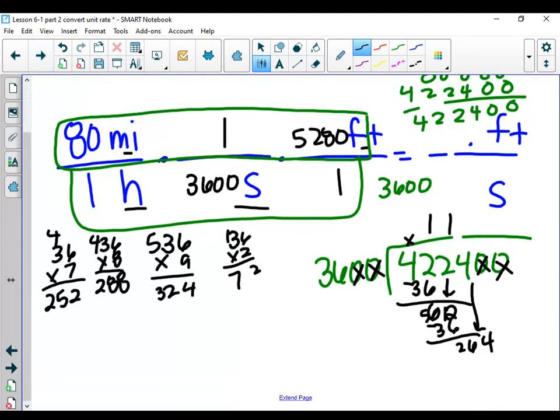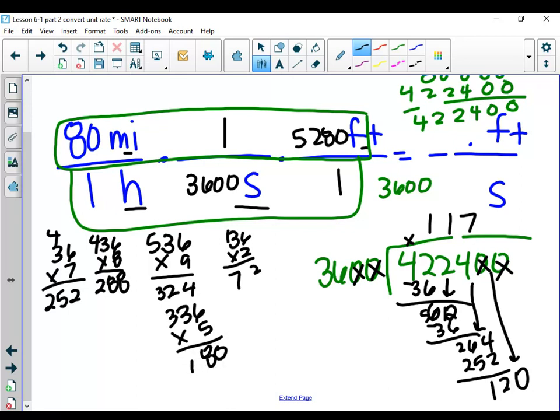Running out of room. Again, I try and guess and check better than this.